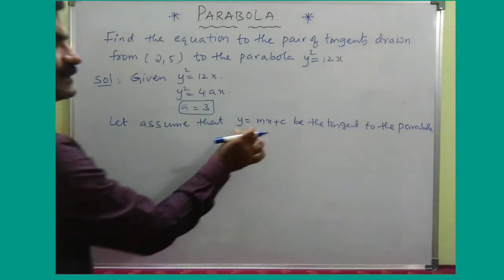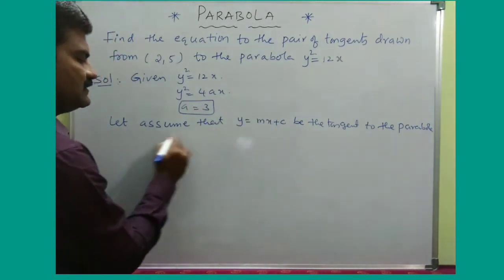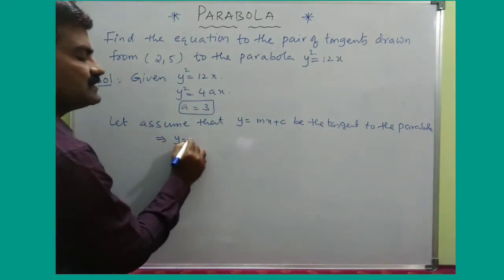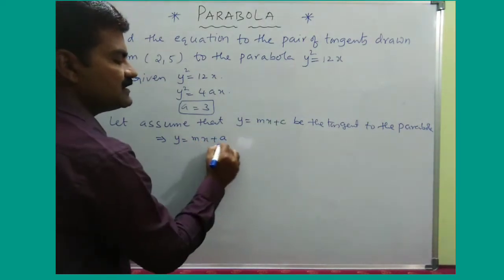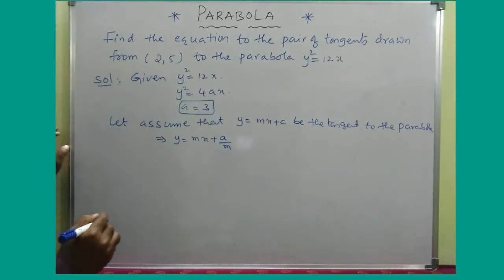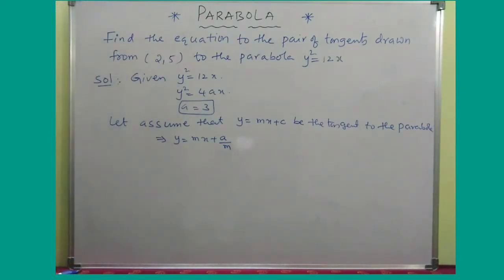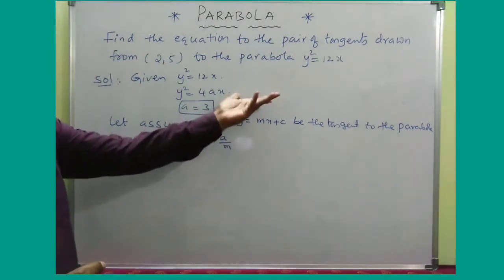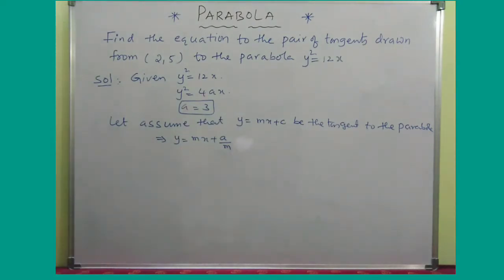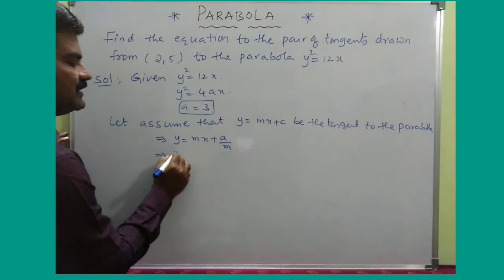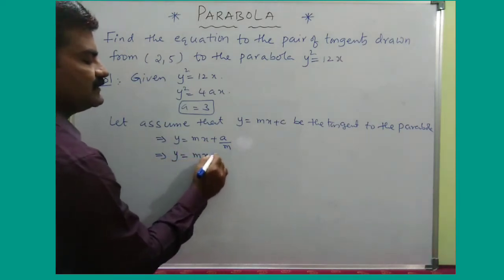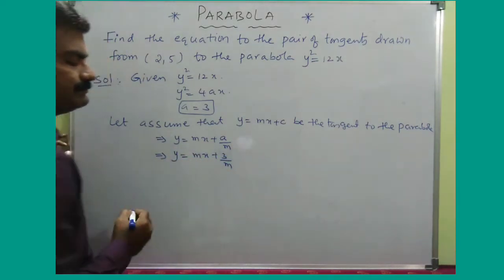Now suppose, if this is a tangent, then the condition is what? In the place of c I can replace a by m. If the line is a tangent to the parabola, then the condition is nothing but c is equal to a by m, right? So just replace the a value here, which is 3 by m.